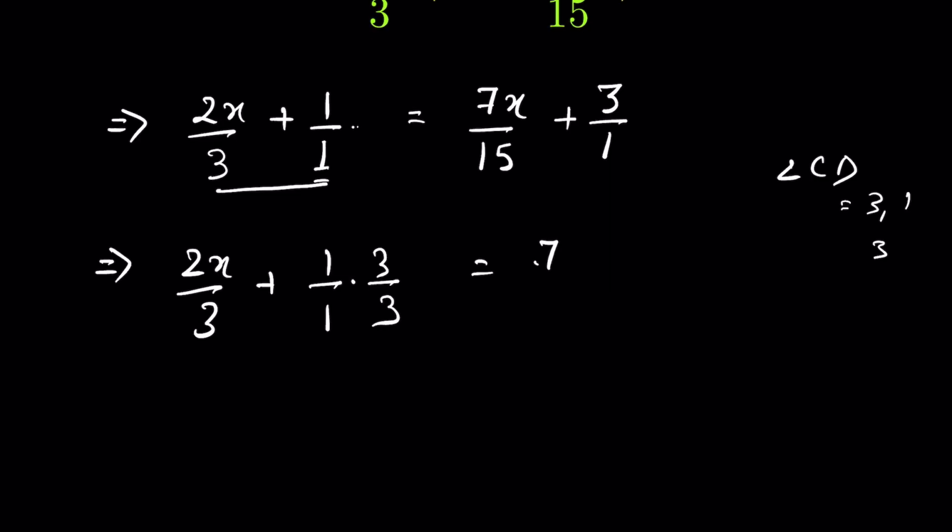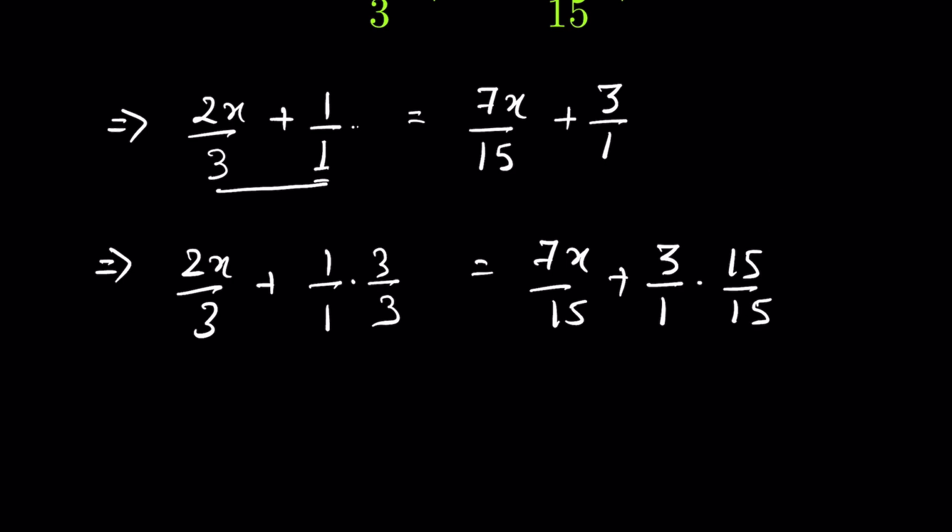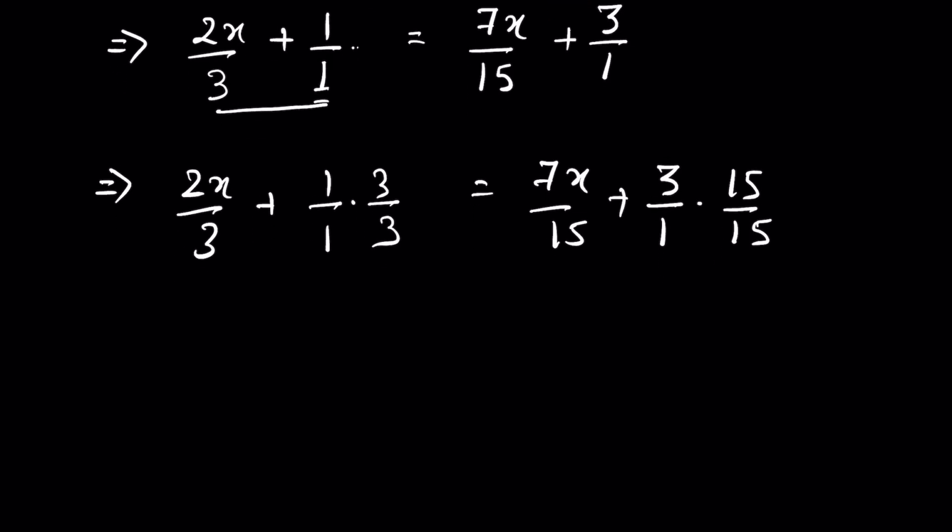This side also, 7x upon 15 plus 3 upon 1 times 15 upon 15. By doing this, we are not changing the number because you can easily cancel this and this. 15 times 1 is 15, and multiplying any number by 1 is the same.